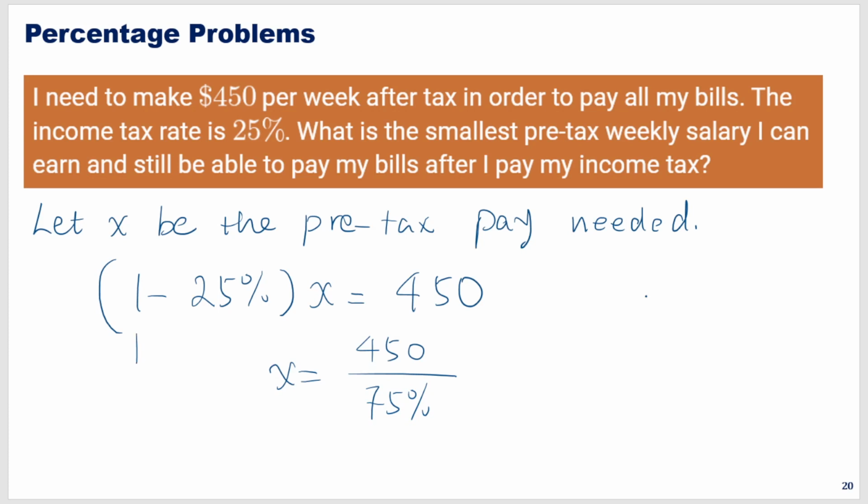Because 1 is just 100%. 100% minus 25% is 75%, right? And 450 over 0.75 equals $600, right? So we need at least $600 before tax. Any questions?